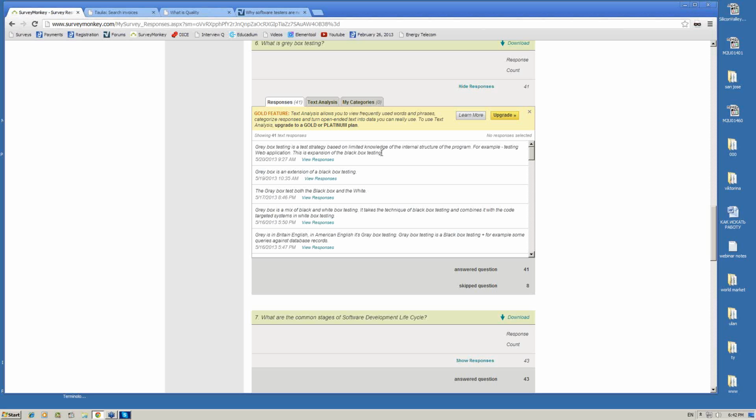We will talk about that a lot in session number 10, which is testing web-based applications, because web applications primarily are tested at gray box level. I mean, there is lots of black box and a lot of white box, but lots of testing is done there at the gray box level. Okay, gray box is an extension of black box.